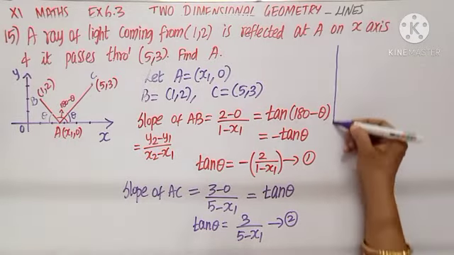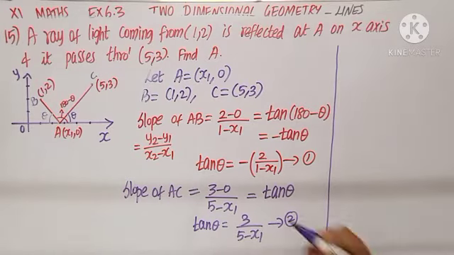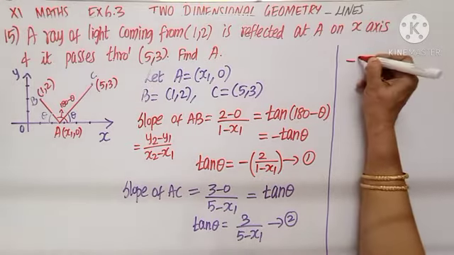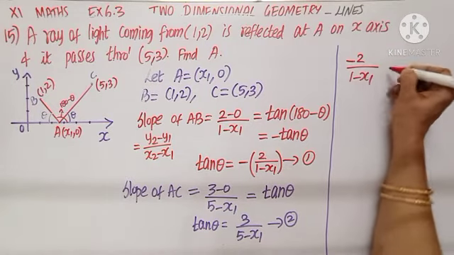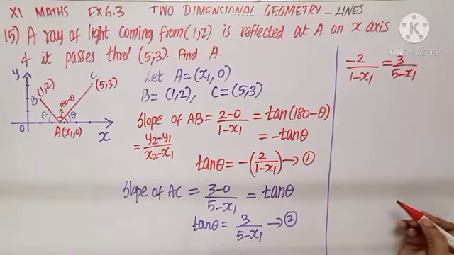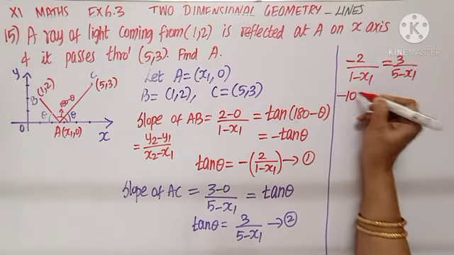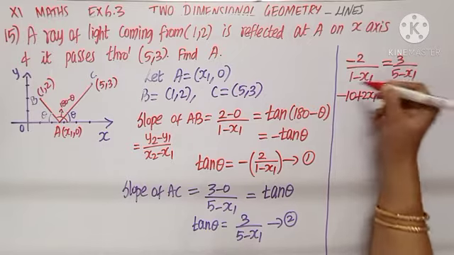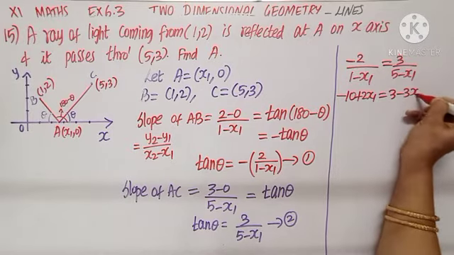Once I know the AB and AC slopes from which I am able to identify tan theta, let me correlate. Minus 2 by 1 minus x1 equals 3 by 5 minus x1. Cross multiplying, minus 10 plus 2x1 is 3 minus 3x1.